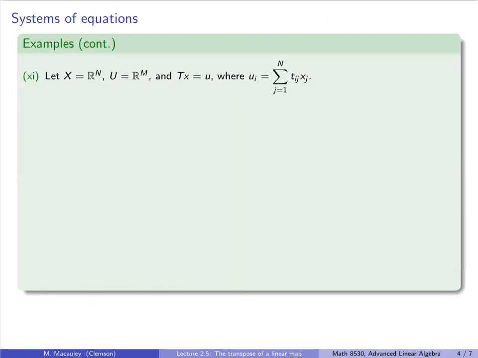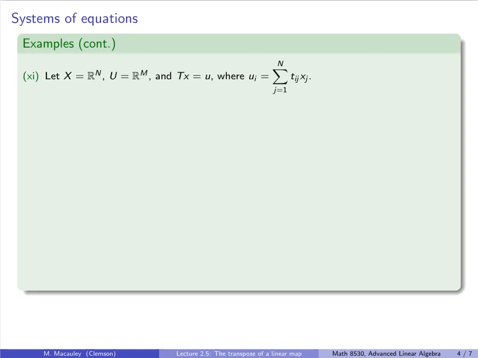Let's continue with an example, namely systems of equations, because we know that matrices will arise from that, and we are familiar with the transpose of a matrix, and somehow these things are the same. So in this lecture only, I will use a capital N and a capital M. That's because I have used the lowercase m.